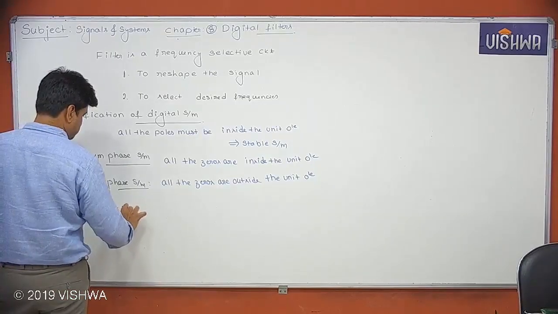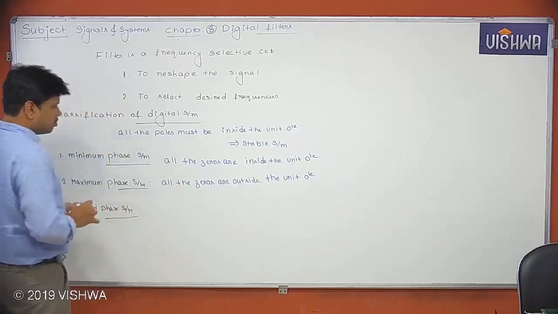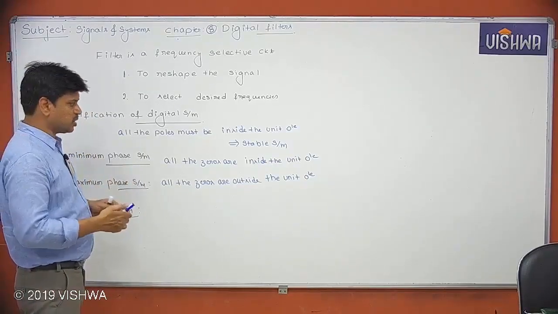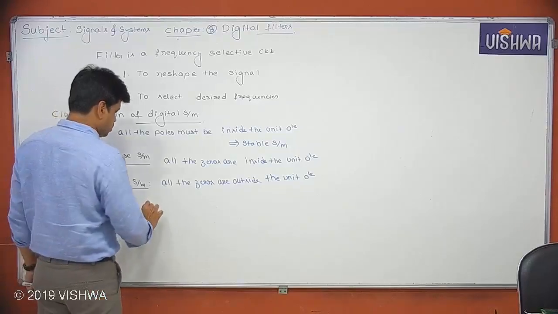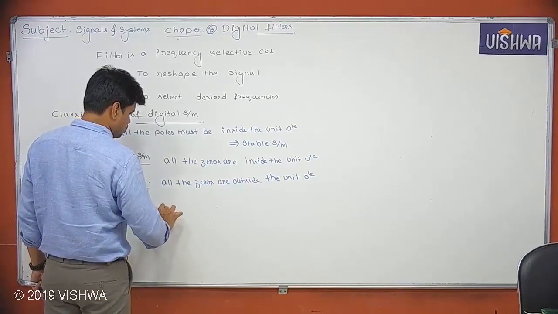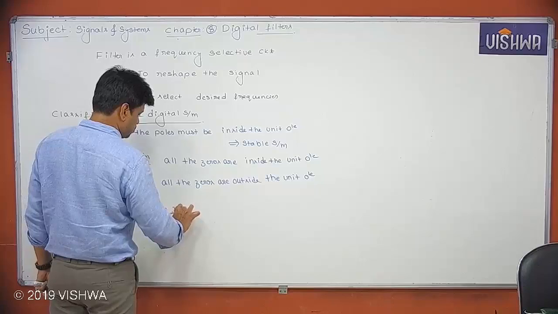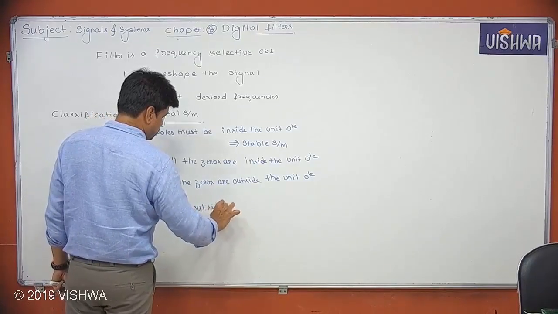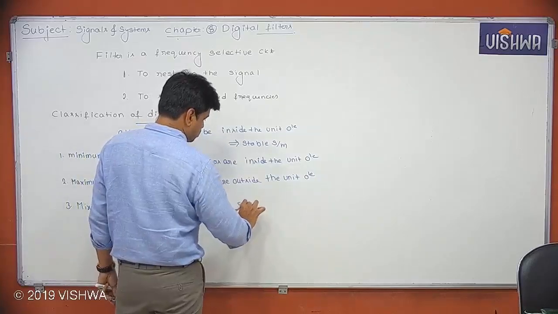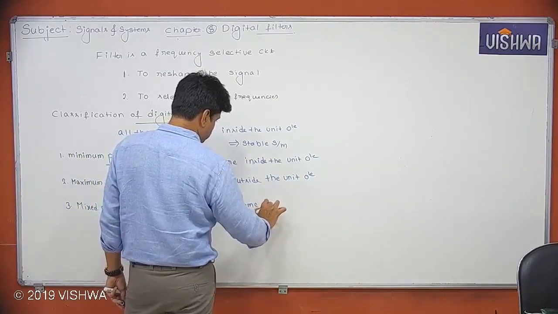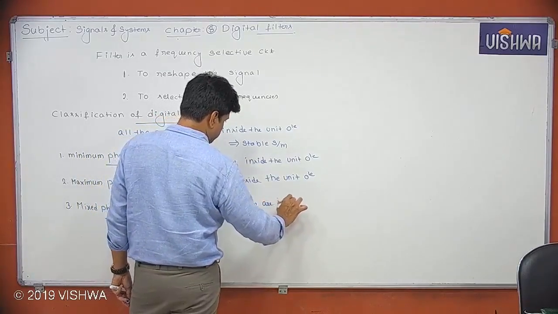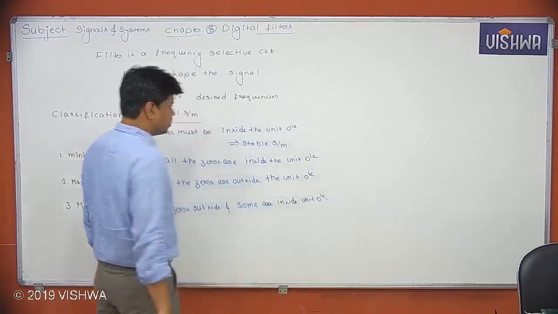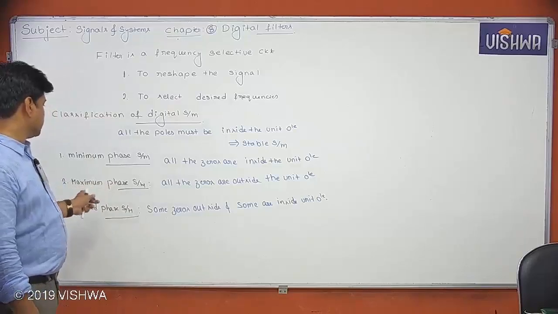Mixed phase system means some zeros are outside the unit circle and some zeros are inside the unit circle. So this is the definition of minimum phase, maximum phase, mixed phase.